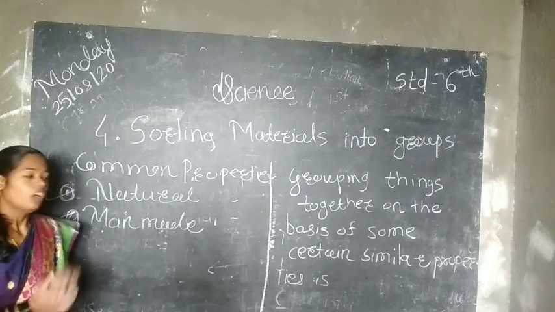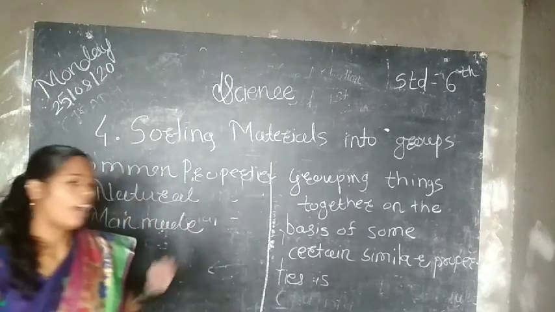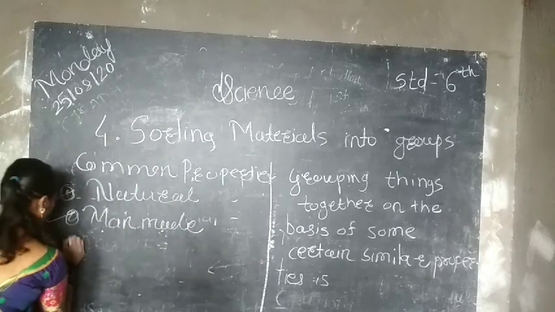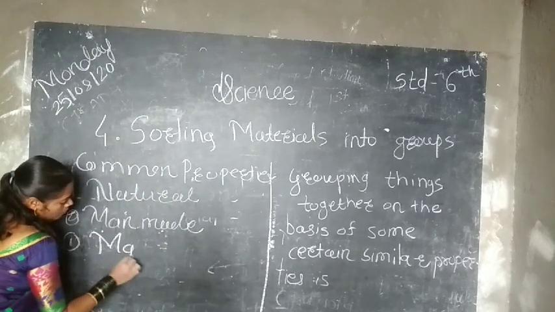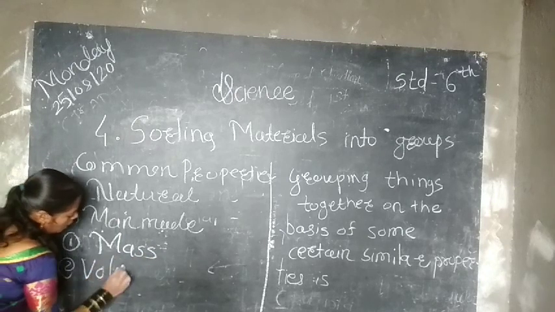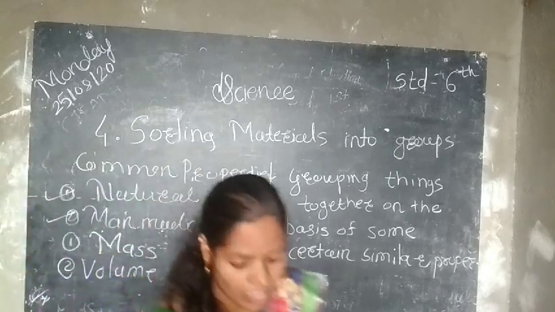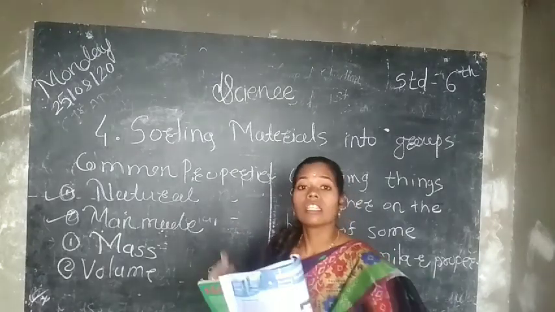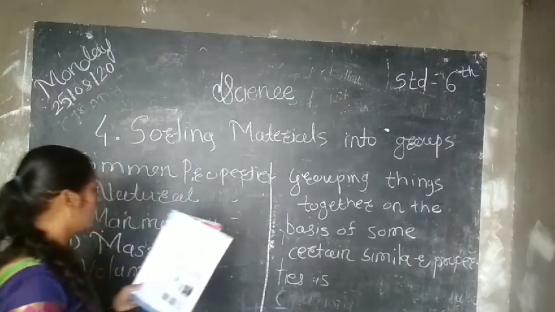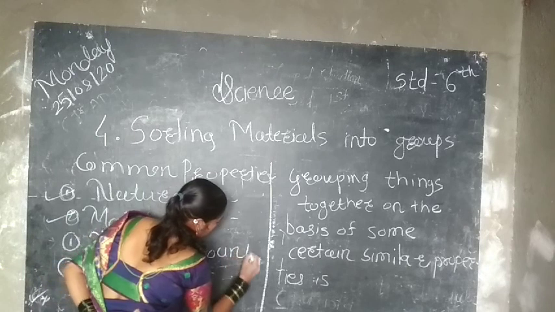Is that clear? Okay. So for helping to classify, there are two main characters, two main definitions. First is mass and second is volume. Mass and volume. What is meant by mass? Mass is the amount of substance that something contains.